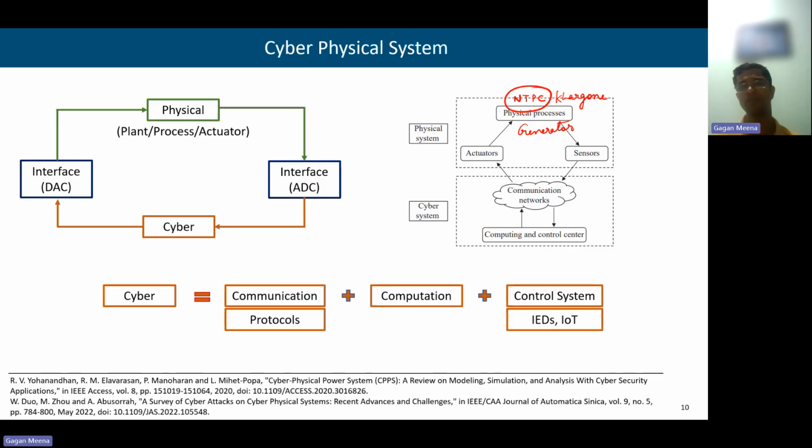The communication network can be used to pass on the particular control action required via the actuators, that is, via the communication channel, to take certain control action using the actuators.